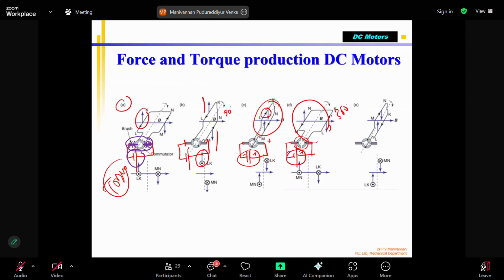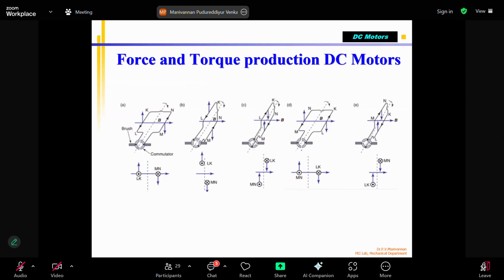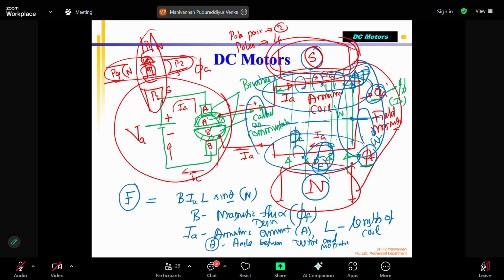Another thing: when the commutator rotates, at a particular state the contact between the brush and commutator will be breaking. Correct? Once it breaks, the current flow will be stopped. Automatically, a spark is created, like your spark plug, in the commutator whenever the brush disconnects from the commutator, because there's a small gap. You can see that there's a small gap.